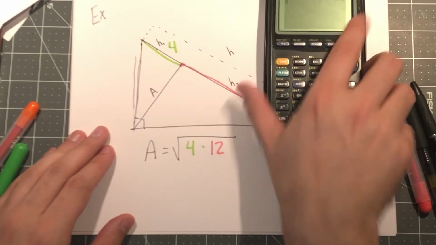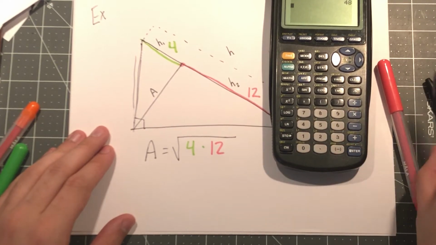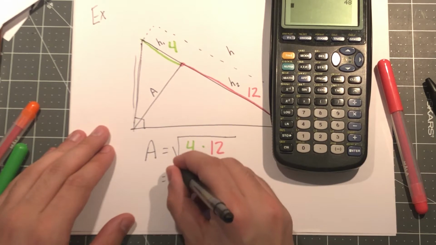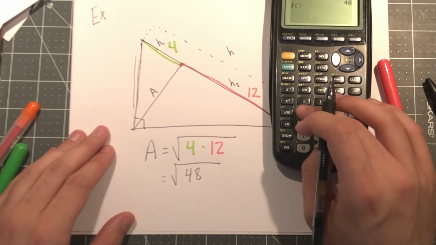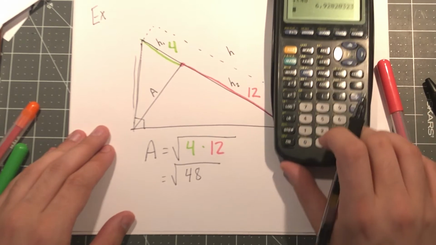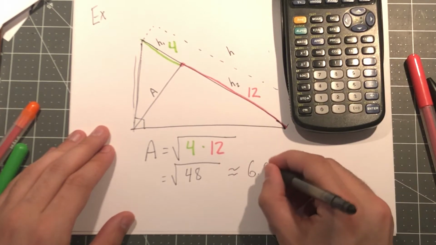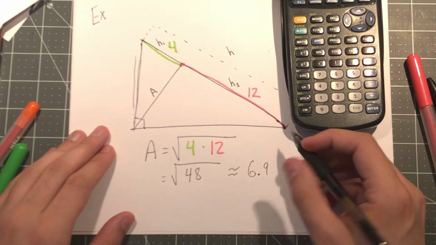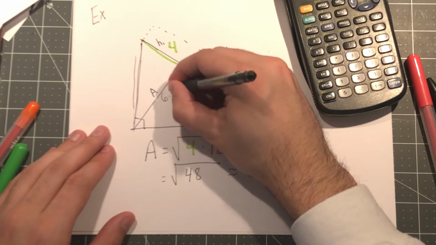Well, 4 times 12 is 48. Square root of 48 is going to be a little less than 7. And I will round that to 1 decimal place for right now, 6.9. So we can assume this is close to 6.9.